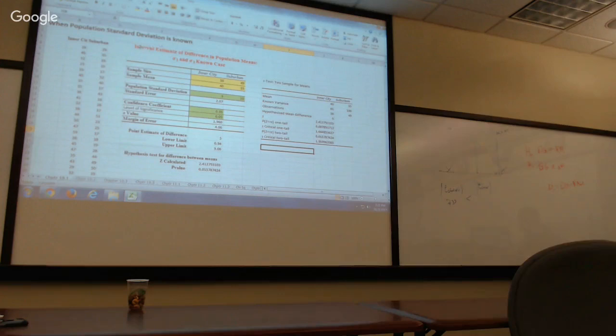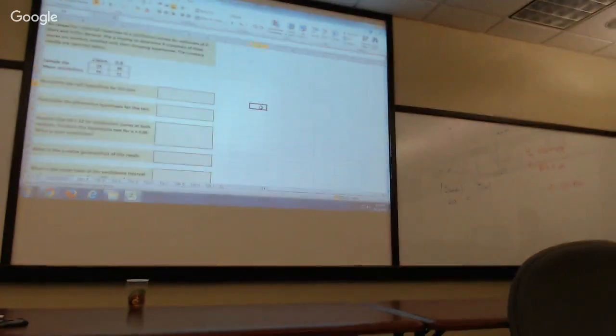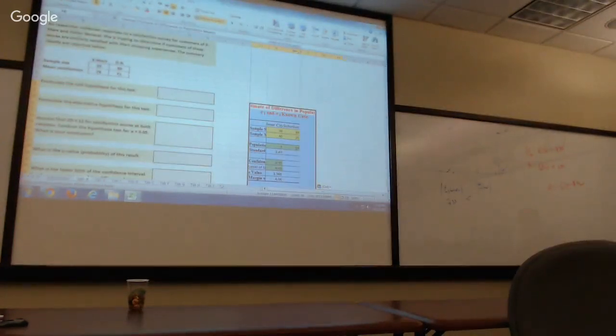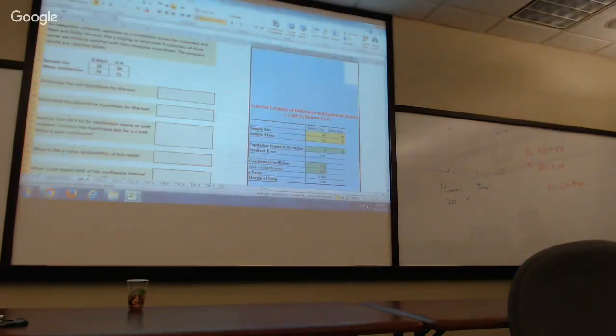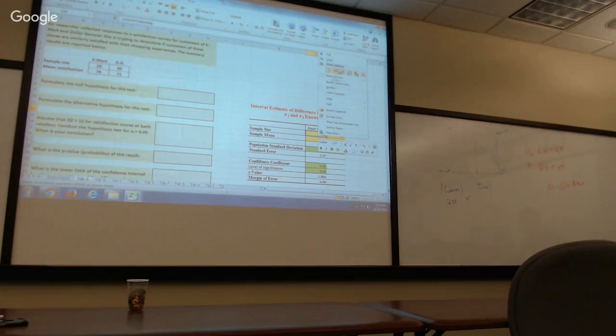So we can just copy over this template, and then copy over this information into our template. And we know our population standard deviation is equivalent for both. And that changes.